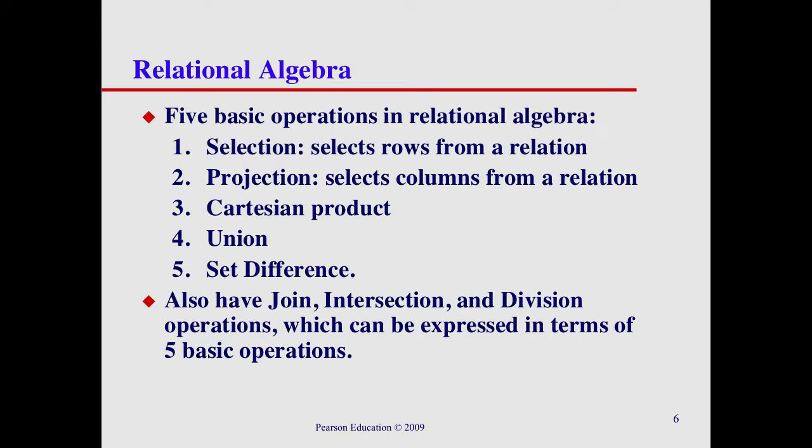However, on a quiz, which you will see on Thursday, if you are asked what are the 5 basic operations, it's the 5 listed there. Technically, join, set division, and set intersection are not part of the relational algebra. They are syntactic sugar because they can be formed from combinations of those 5, and we'll show you how. They are not part of the base set.